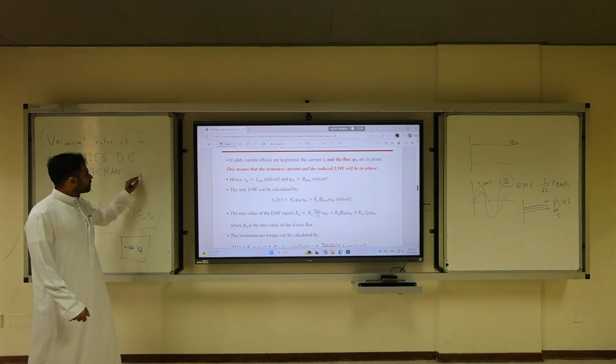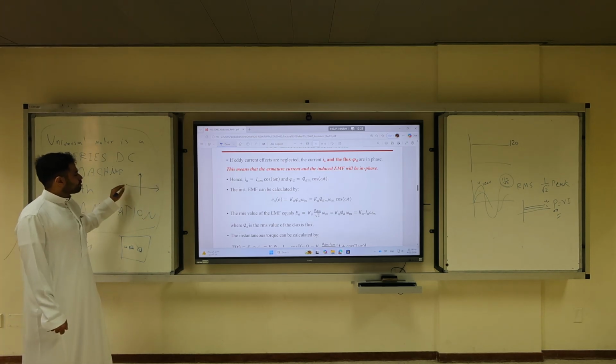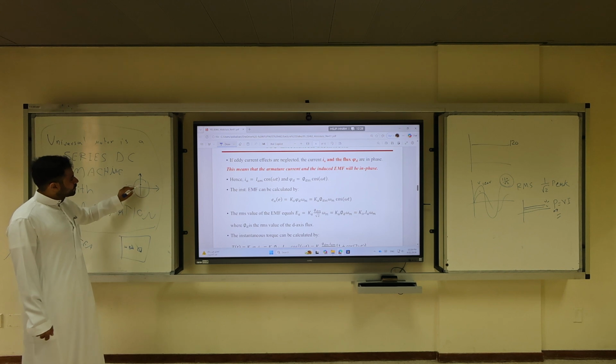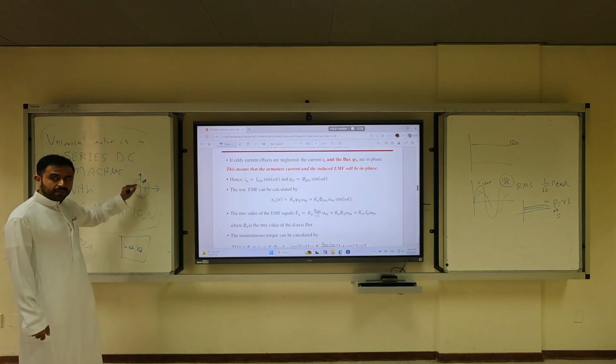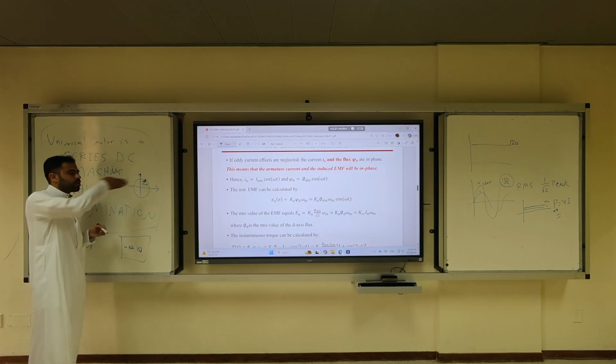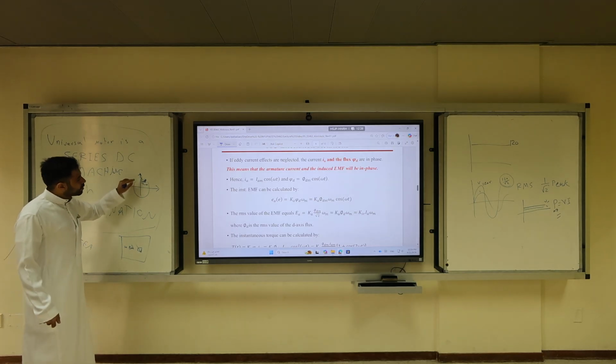Well, this is the machine. At this point, the flux is a fixed number. If you change the angle, at this point it's the flux. If you have a direct component with the current, let's say the current is going into the page, and you have the quadrature.